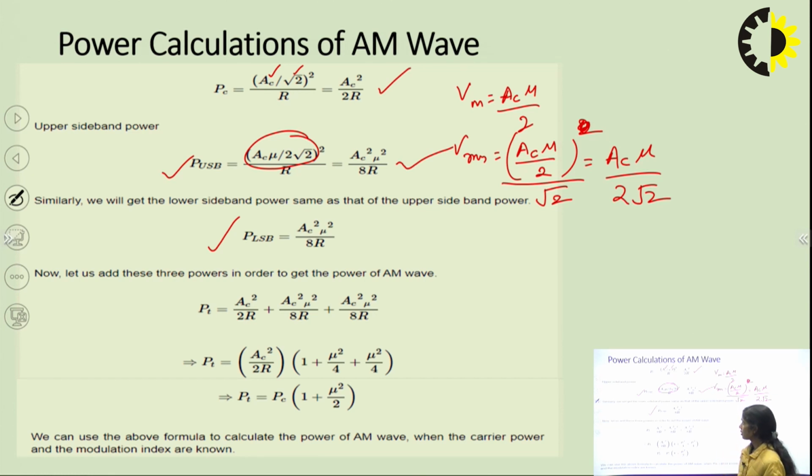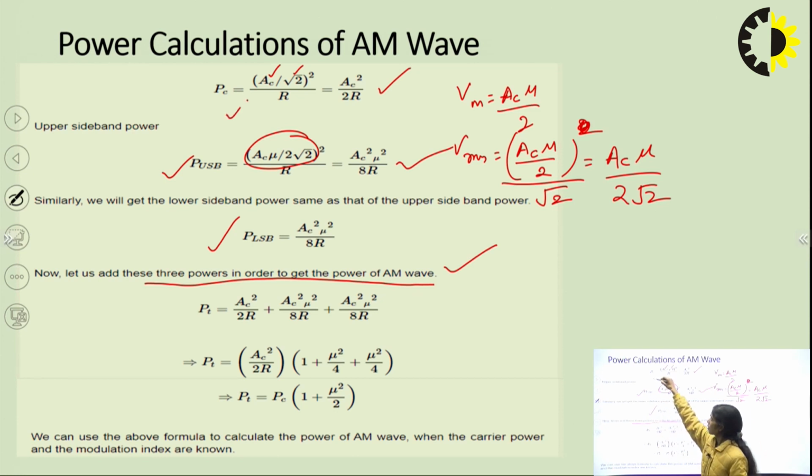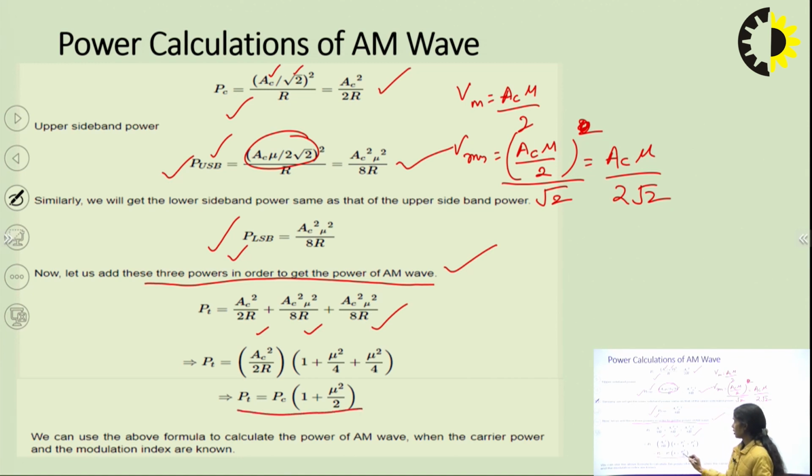After this, we can calculate the total power of the AM wave by adding all 3 powers: carrier power, upper sideband power, and lower sideband power. By adding these 3, we get the combined equation: total power equals Ac square divided by 2R, taking this as a common factor, times 1 plus mu square by 4 plus mu square by 4.